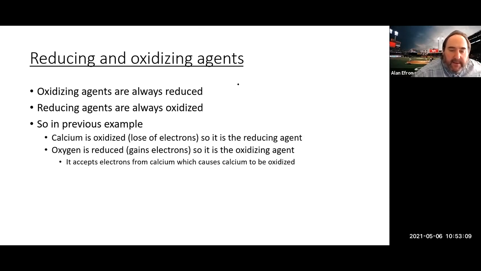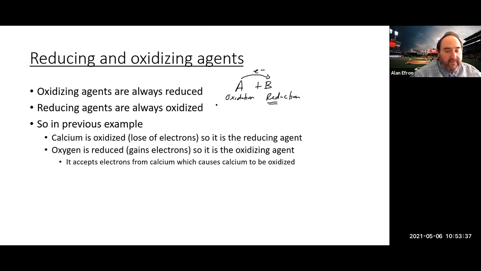So you may say to yourself, that seems kind of backwards in terms of those names. So let's just talk about two things here. Let's say we had A plus B. And let's say that this guy was going through oxidation. This guy was going through reduction. So what does that mean? Well, it means that A is going to basically give up electrons over to B. When A gives up electrons over to B, that means B can now accept those electrons and get reduced.